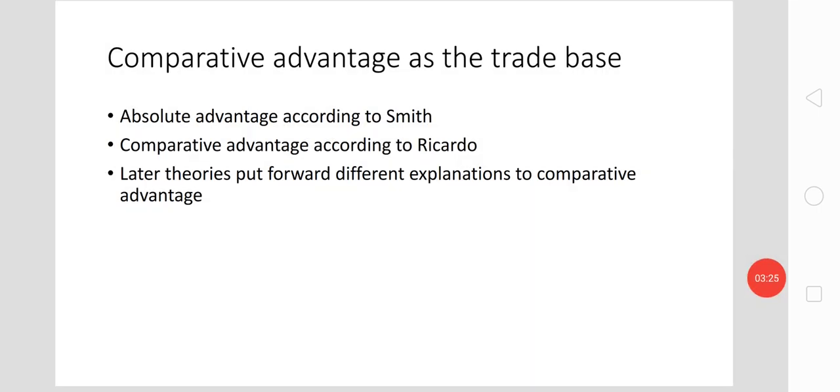And most of the trade theories are in the context of perfect competition or a competitive market, where there is no external intervention and the market will determine the destiny.